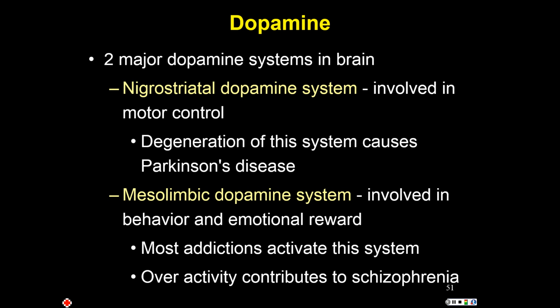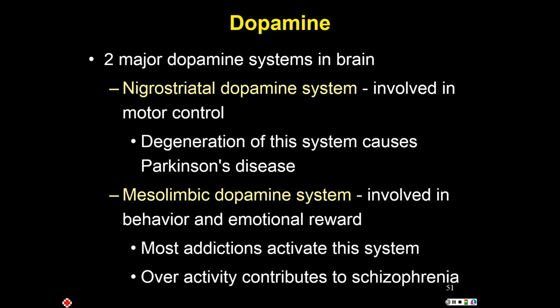The nigrostriatal system is involved with regulating our physical movement, or what's described here as our motor control. And then the mesolimbic system is probably what you're more familiar with if you think about dopamine and emotional responses, and that's through what's called the mesolimbic dopamine system.